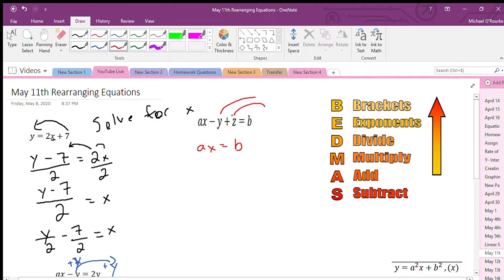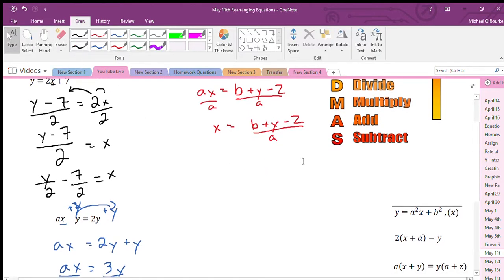Then this negative is going to become a positive, and this positive is going to become a negative. Now we have everything back here except for the coefficient with the variable. A is the coefficient in this case. We divide by the coefficient, or if you want to think about inverse operation, it's a multiply, so when it comes over, it becomes a divide. x equals b plus y minus z divided by a.